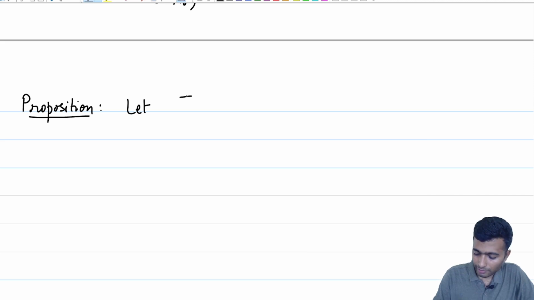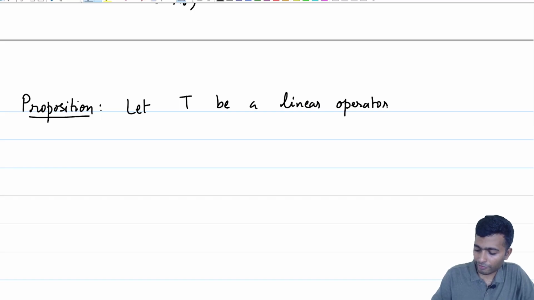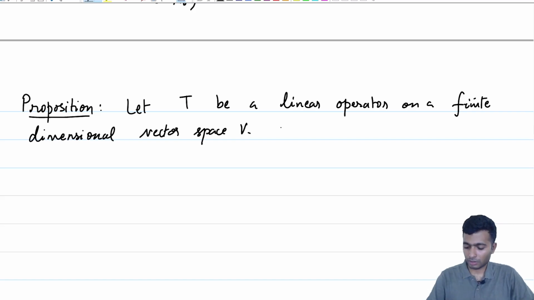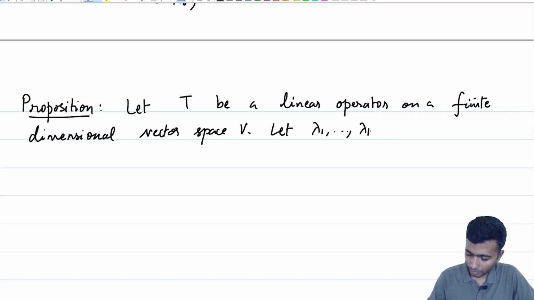So, let T be a linear operator on a finite dimensional vector space V. So, let lambda 1 to lambda k be distinct eigenvalues of T.